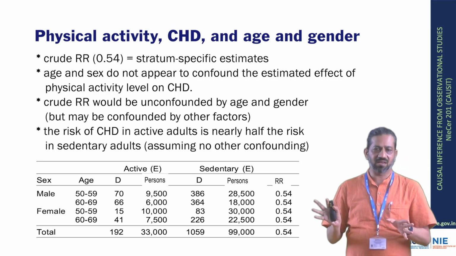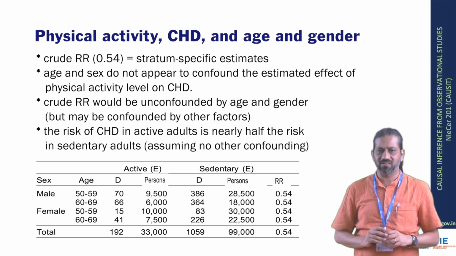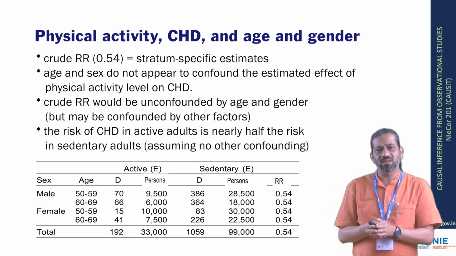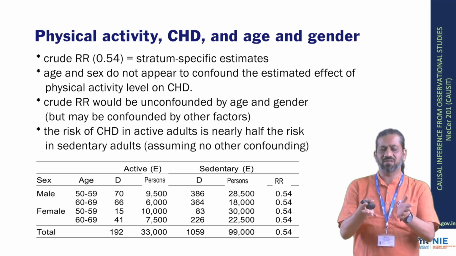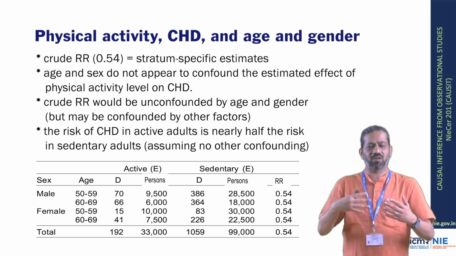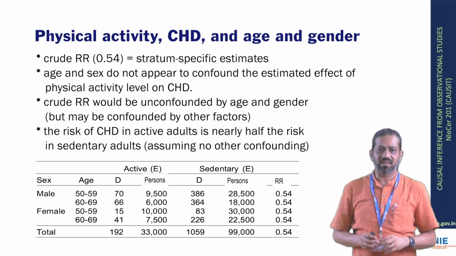Of course, there could be other confounders, but these are the only two that we have checked at this point of time. And so what we would finally report is the crude risk ratio, and there would not be a need to calculate or report an adjusted risk ratio adjusted for just sex and age.